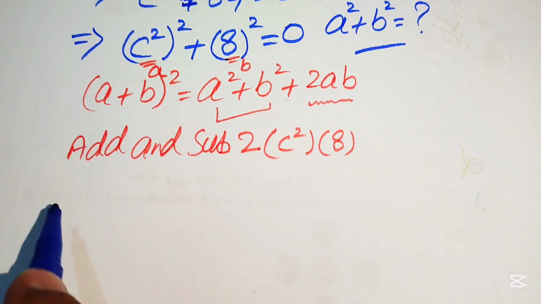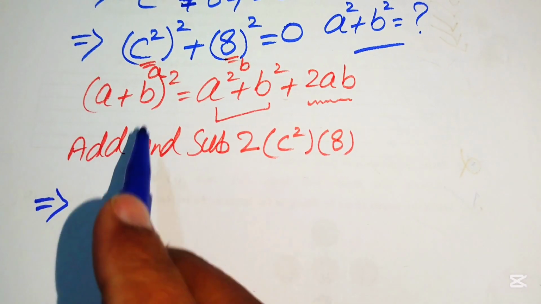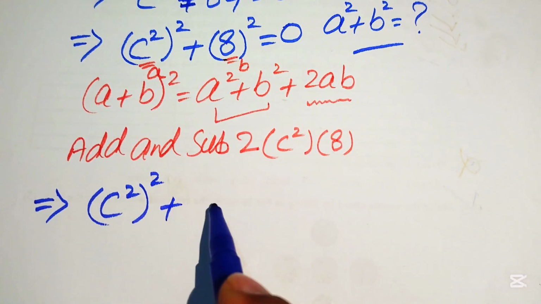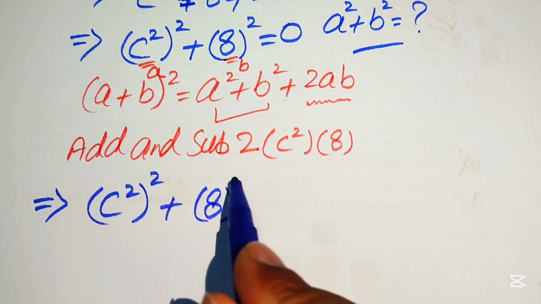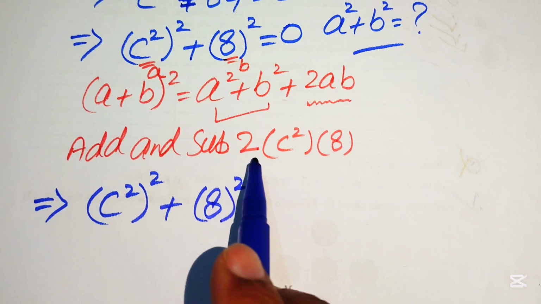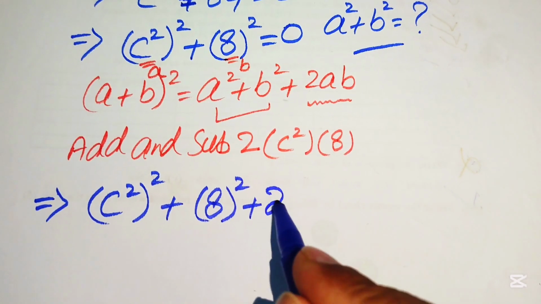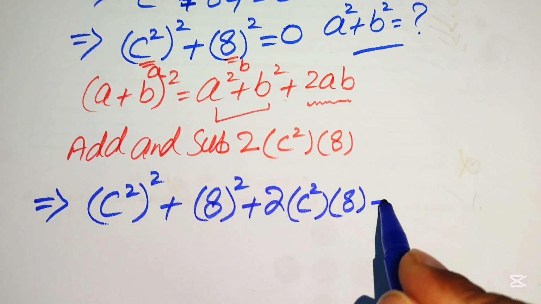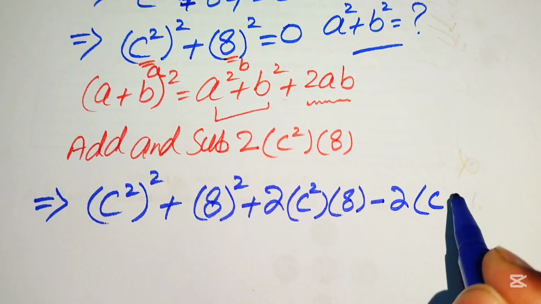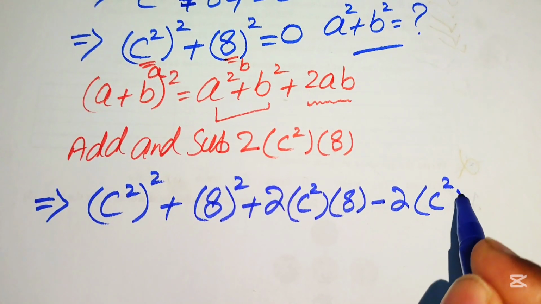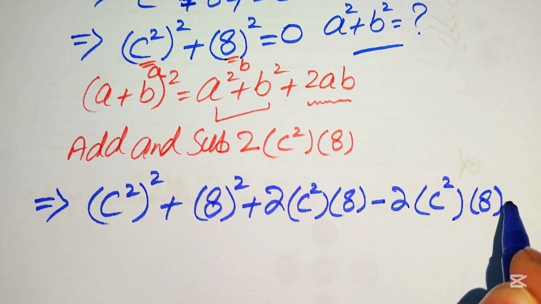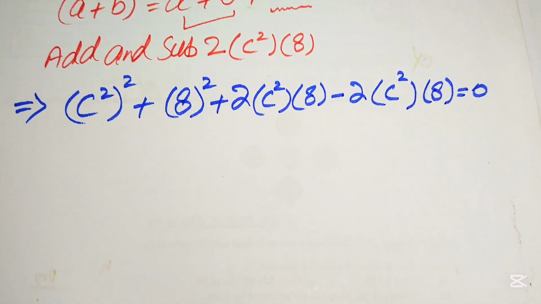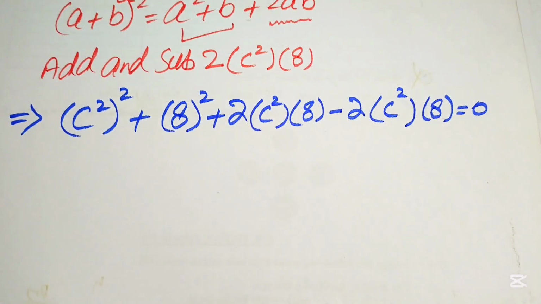So we have c square whole square plus 8 square, and we add 2 times c square into 8, and we subtract this term also, minus 2 times c square into 8, and this whole equals 0.